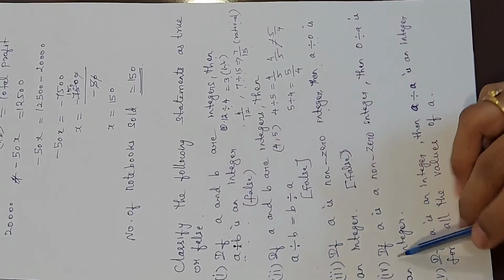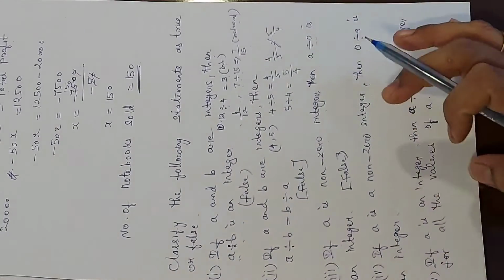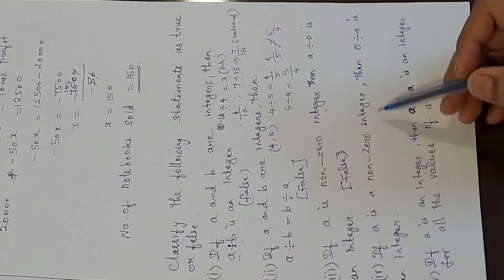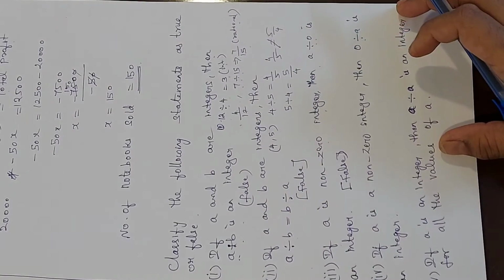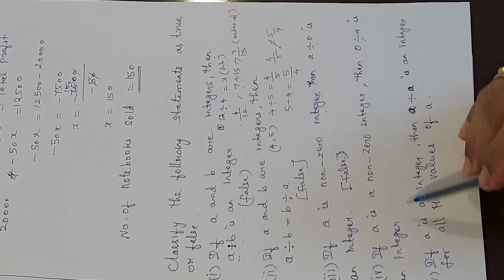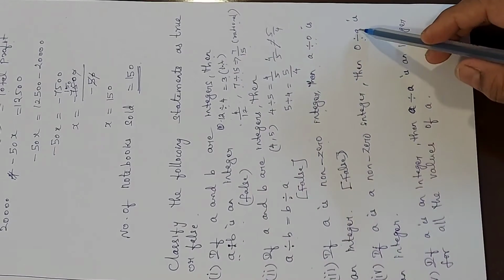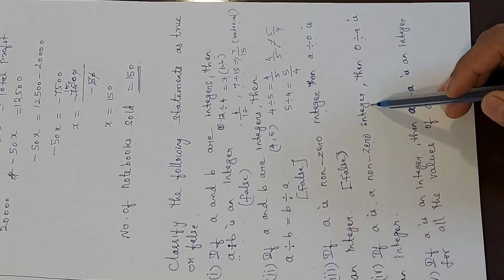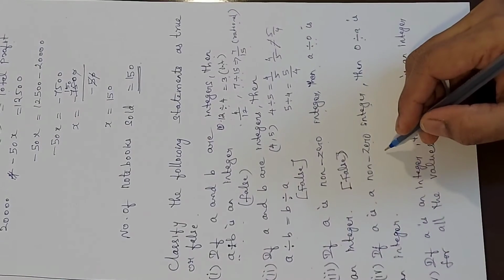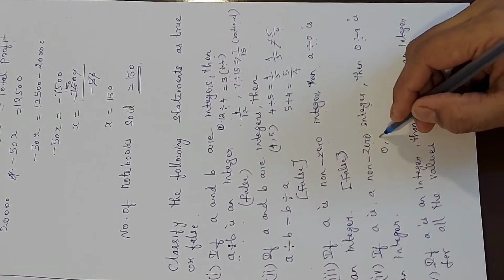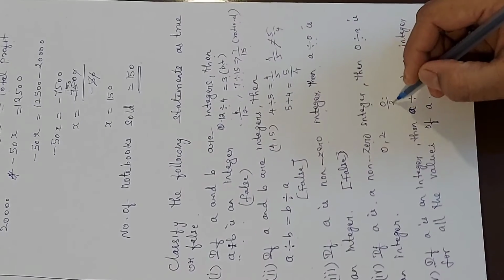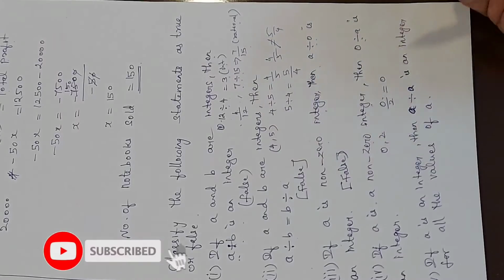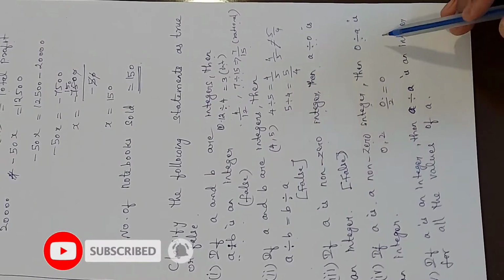Next, the fourth subdivision. If a is a non-zero integer, then 0 divided by a is an integer. Let me take 0, 2, with a as 2. If I divide 0 by 2, I will get the answer 0. So 0 is an integer.